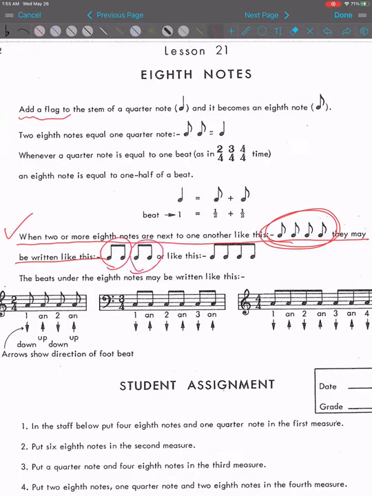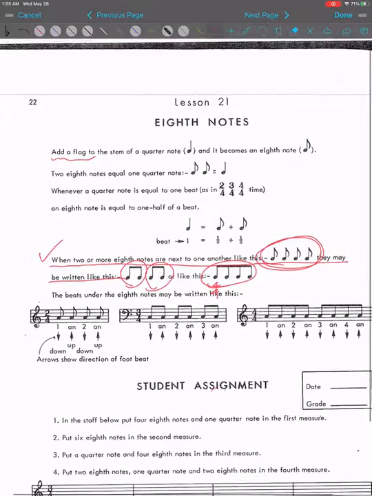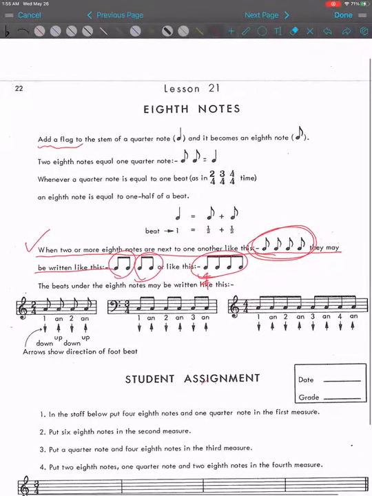If you are in 4/4, you can group them that way as well. So the beats under the eighth notes may be written like 1 and 2 and 3 and, and your foot goes like this.